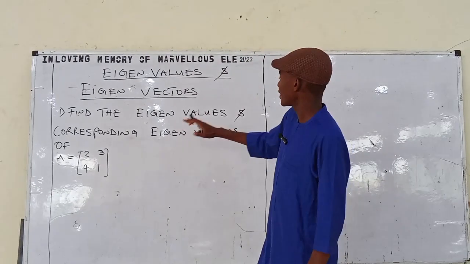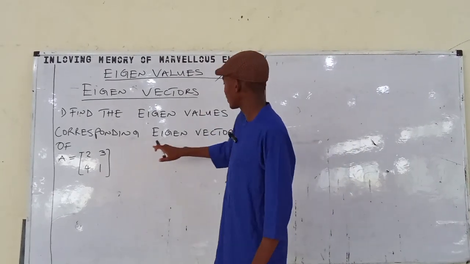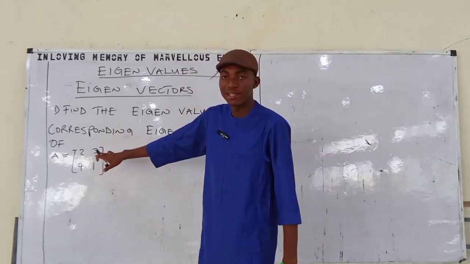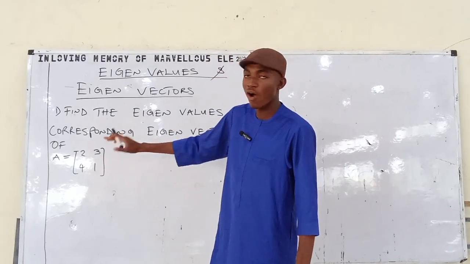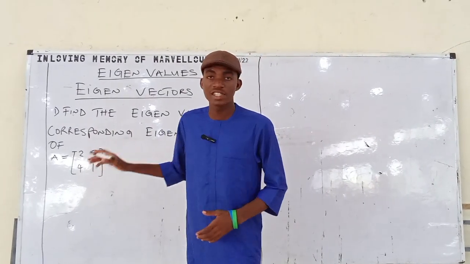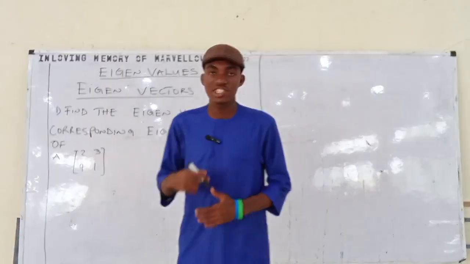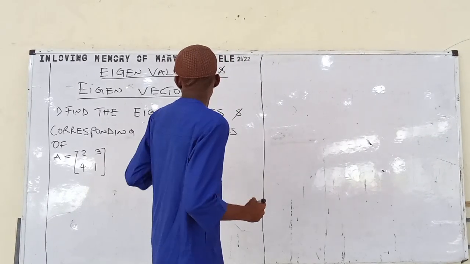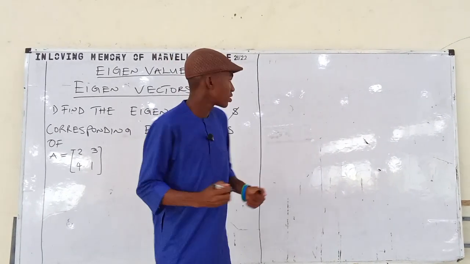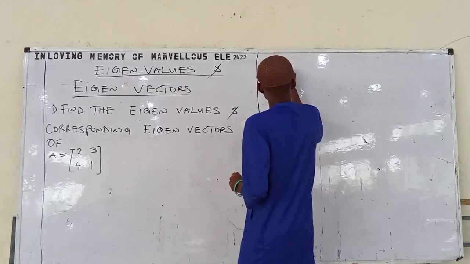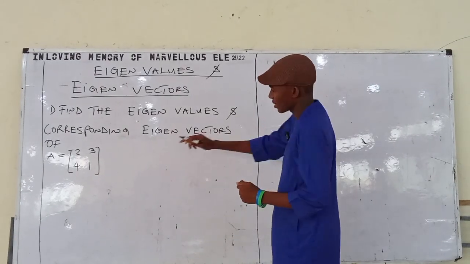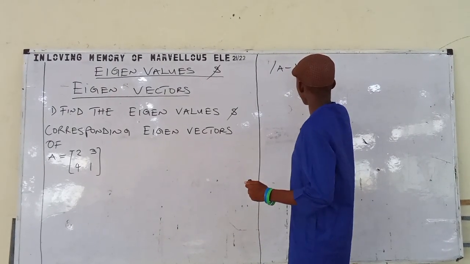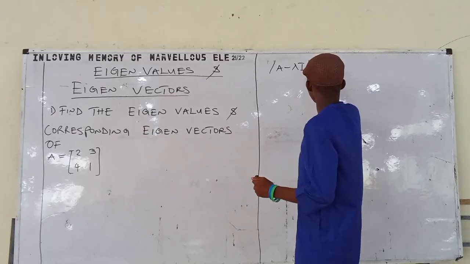The question says, find the eigenvalues and corresponding eigenvectors of this matrix A, which is 2, 3, 4, and 1. Before we solve this problem, let me give you the gist of what is happening here. To solve for your eigenvalue, you use the determinant of the matrix A minus lambda I equals 0.